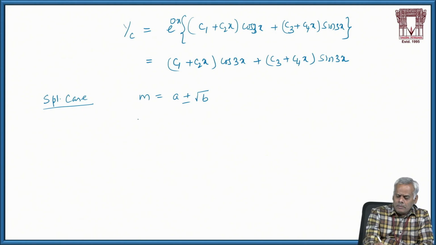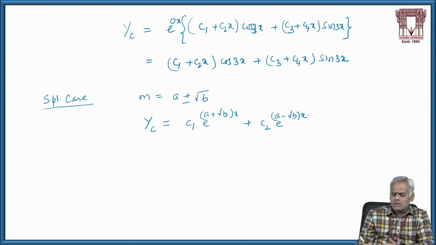Then the complementary function y_c = c1 e^((a+√b)x) + c2 e^((a−√b)x), because a + √b and a − √b are real numbers. That is c1 e^(m1 x) + c2 e^(m2 x).